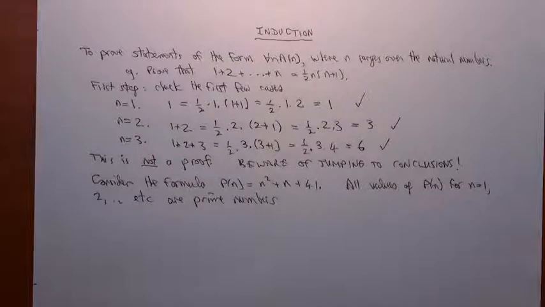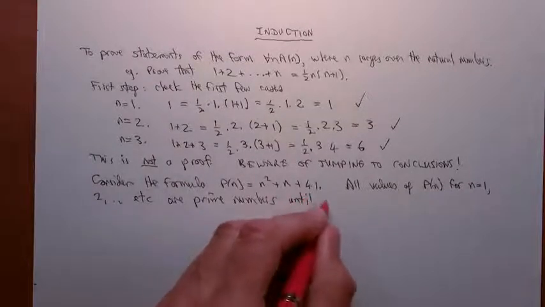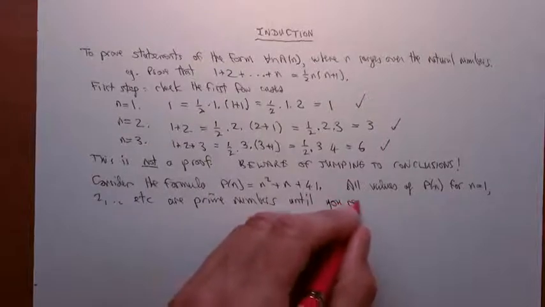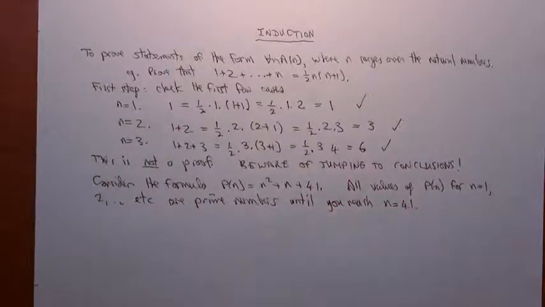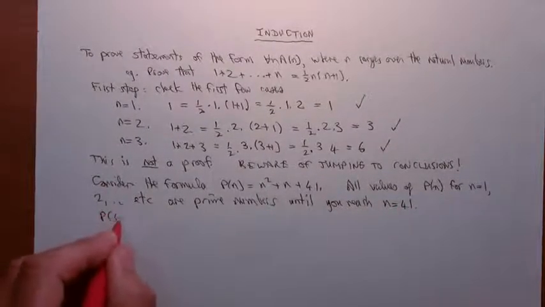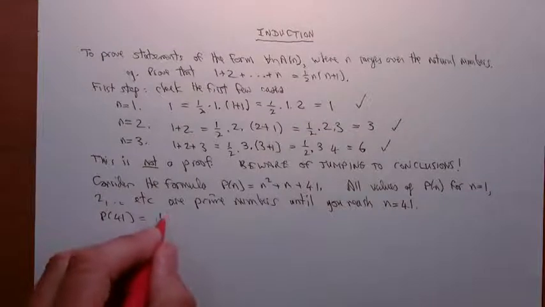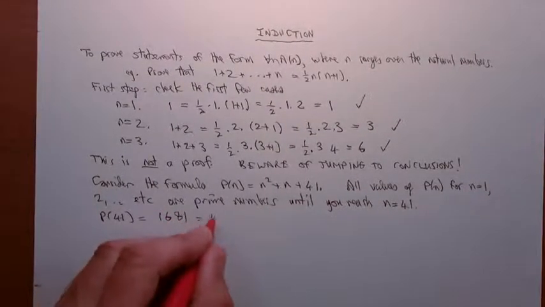Well, not quite. That's true until you reach n equals 41. And when you get to 41, you find that P of 41 works out at 1681, which is 41 squared.